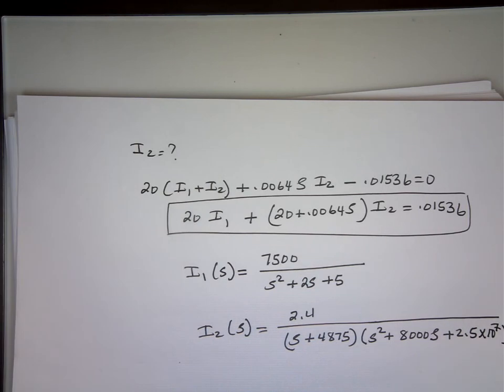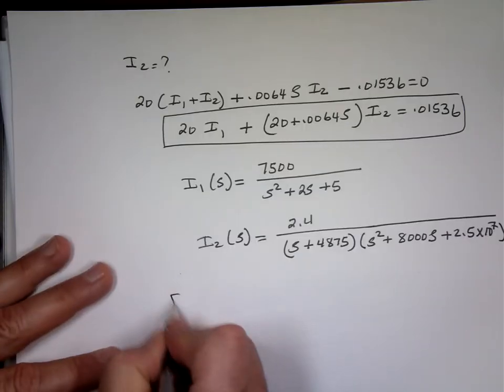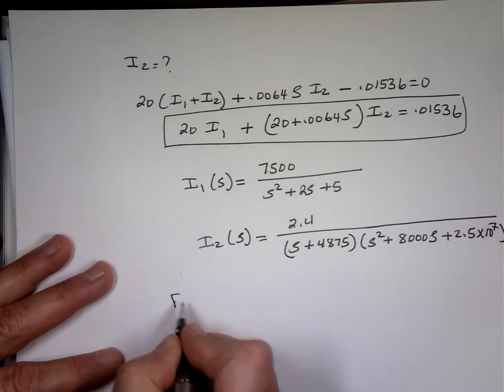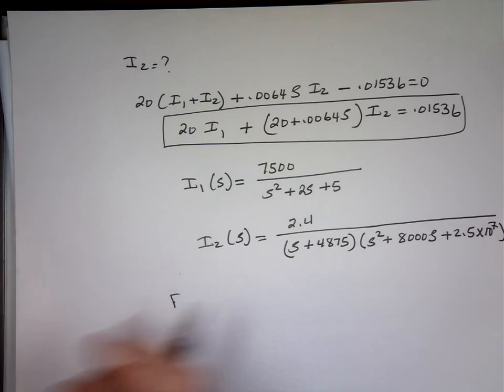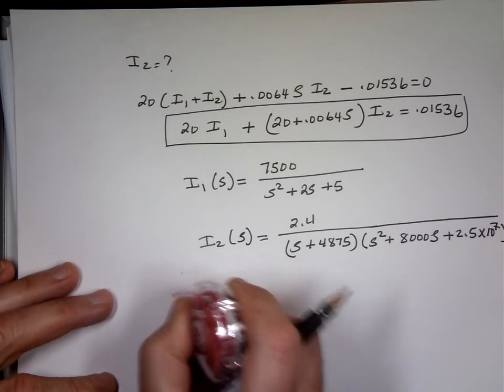Yep. And now you got to find the inverse Laplace. Once you find I sub 2, I don't have time to do it because my timer just clicked to remind me. My class starts in 5 minutes. I got to change room and close this shop here.